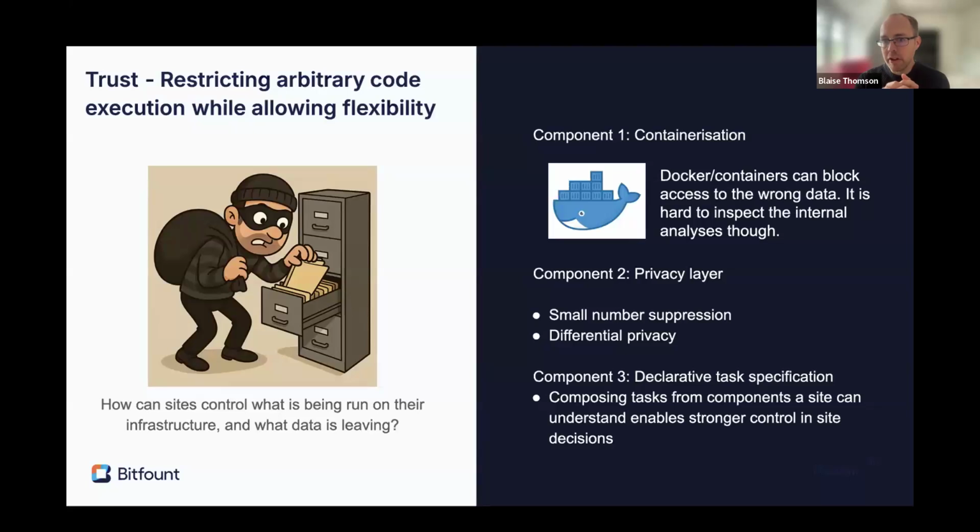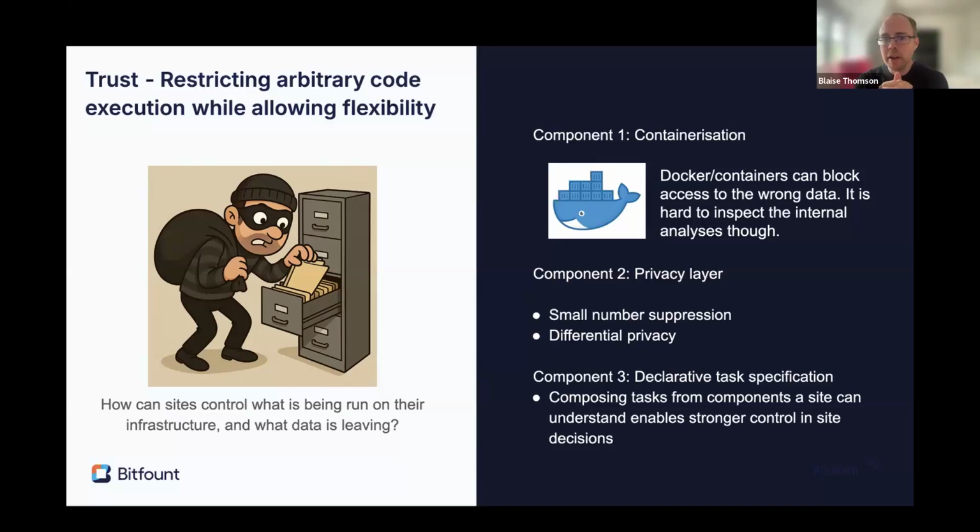Another part of the solution can be having a privacy layer. What I said is the traditional approach is essentially manual verification of anything that egresses. But there are a few technologies which try to do something automated around the egress of data.